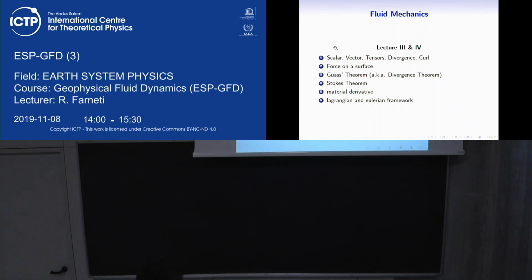So now we're going to use the tensors to determine the force on a surface. We have a stress tensor with 9 components, a surface dA, and a force with a direction n.